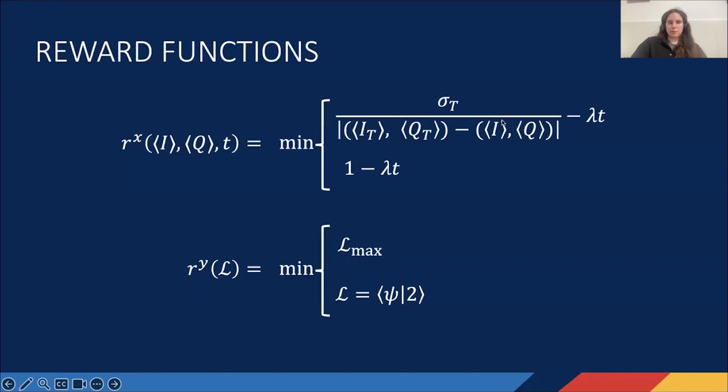So this is the distance between the target location I want it to be on the plot and the actual location on the plot, and then some sigma parameter, which says what was the distribution of that cloud when I figured out the target. That's an example. This is the reward function I use, but there are lots of other possibilities for what kind of reward you could use to tell your agent whether your pulse was good or not.